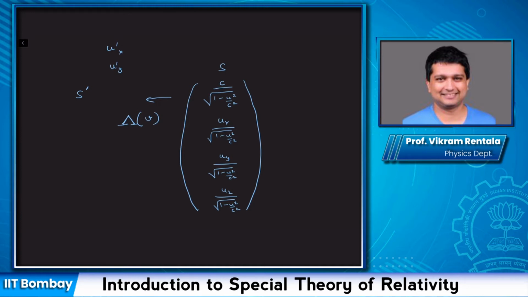That is, it can be related to the corresponding quantities in frame S prime by a Lorentz transformation matrix lambda, which depends on the speed v, or beta, which is v by c.